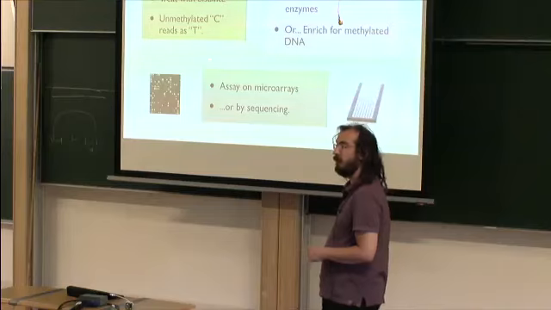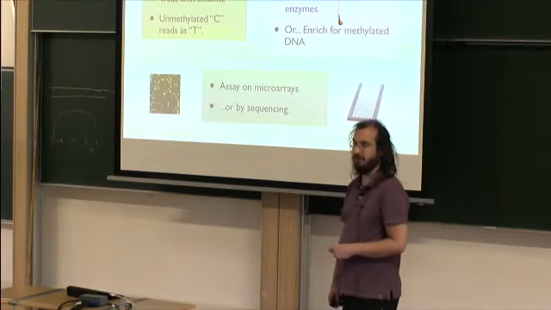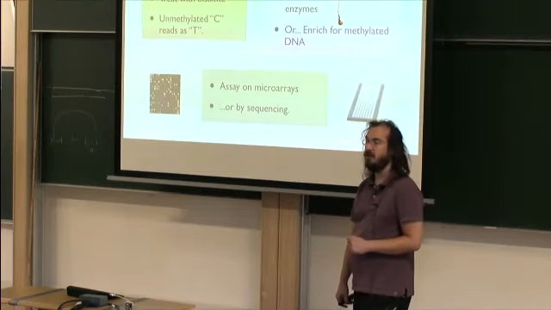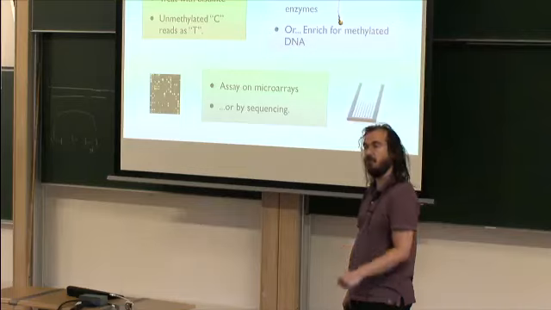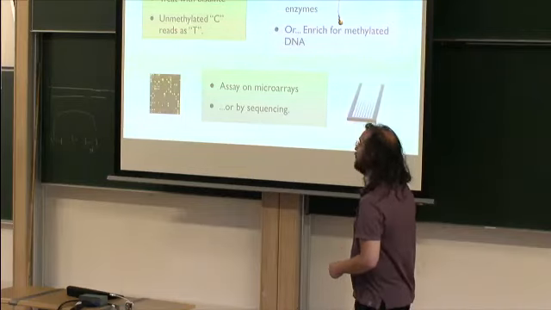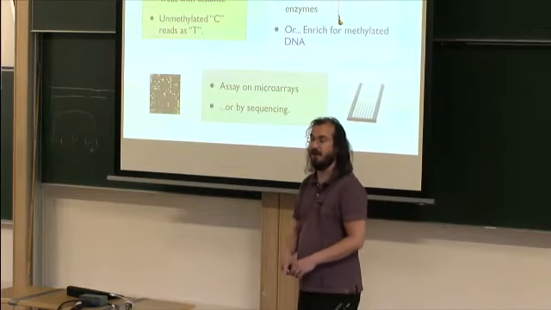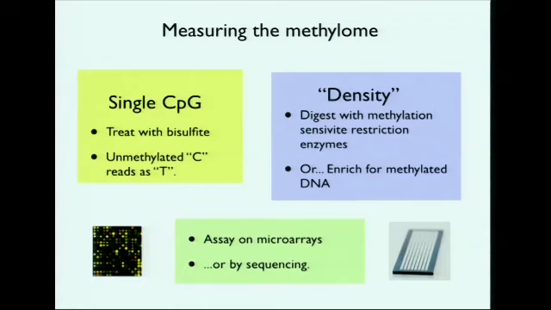Alternative approaches look at the density of methyl groups on DNA using either antibodies or restriction enzymes. Antibodies to enrich the methylated DNA. Restriction enzymes can be used to deplete for unmethylated DNA in general.